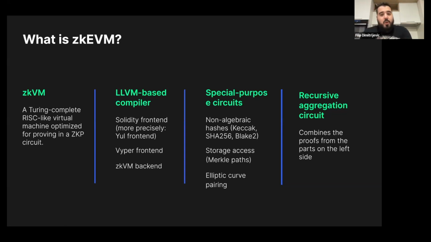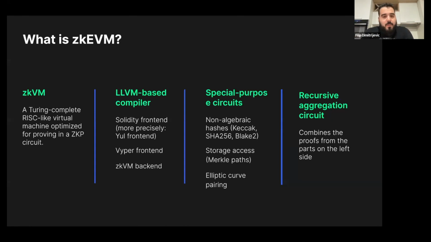That's a Turing complete RISC-like virtual machine optimized for proving in a zero-knowledge proof circuit. It has several different implementations, like an executor, witness generator, and so on, a prover as well, and an LLVM-based compiler that consists of a Solidity frontend, more precisely the Yul frontend, the Vyper frontend, sorry, and the zkVM backend.